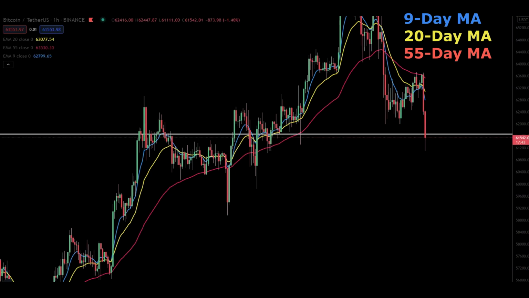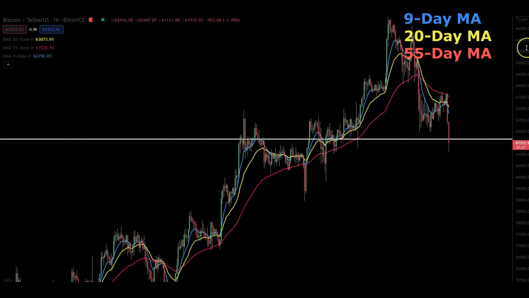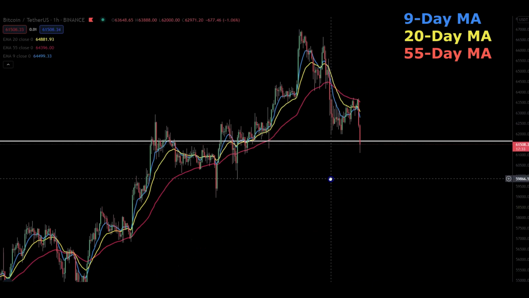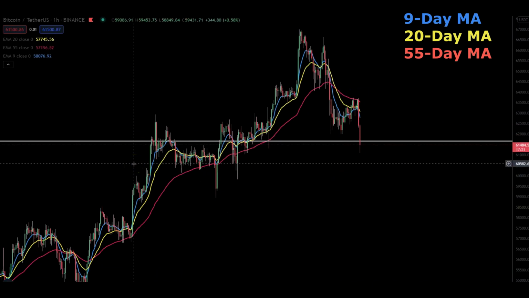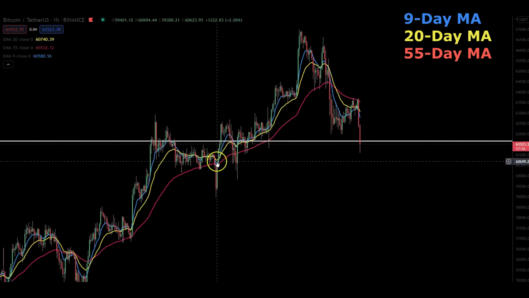Now we're going to go down to an even lower time frame, and that's going to be the 1 hour. Going down to our 1 hour time frame, what I like to do is scoot the chart together when I'm on these lower time frames because it's easier to identify patterns, especially areas of support and resistance. So we've broken down what was our previous resistance, and now we're looking for another line in the sand.